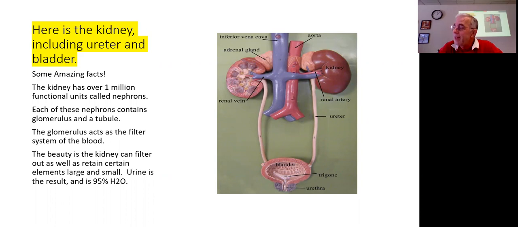And it's wonderful that the kidney can detect whether you need to retain water or really get rid of excess water. That's the beauty of it. When you're dehydrated, the kidney is going to make as much effort as possible to retain water and not let the body excrete it.